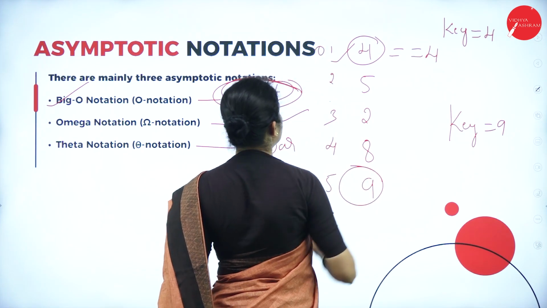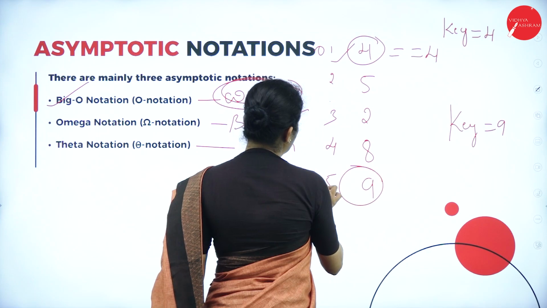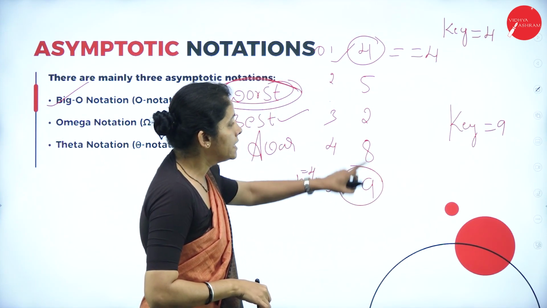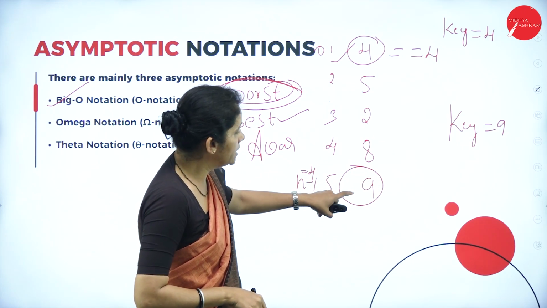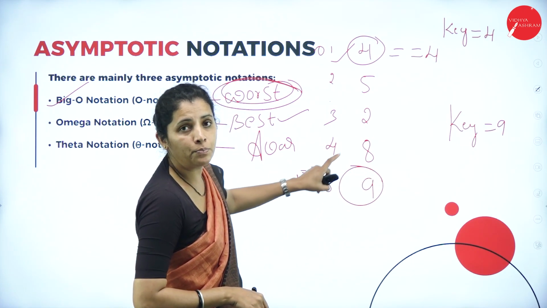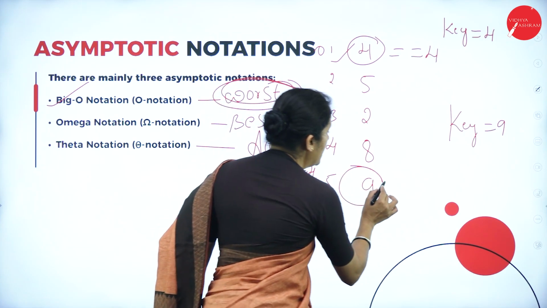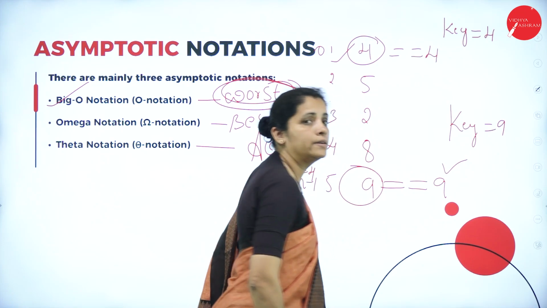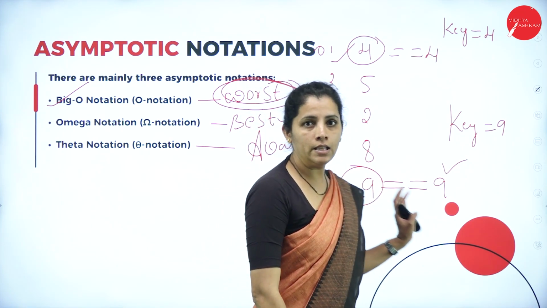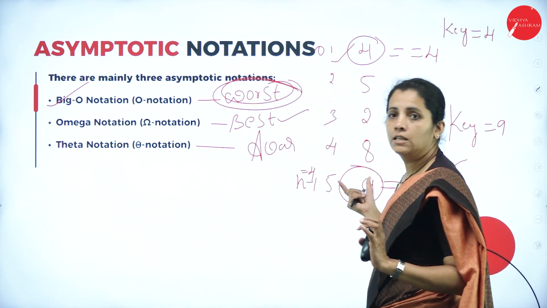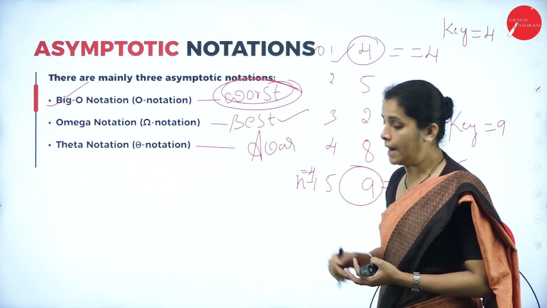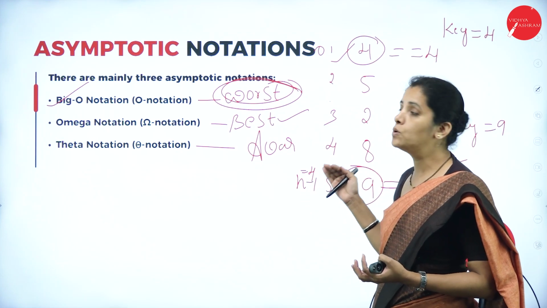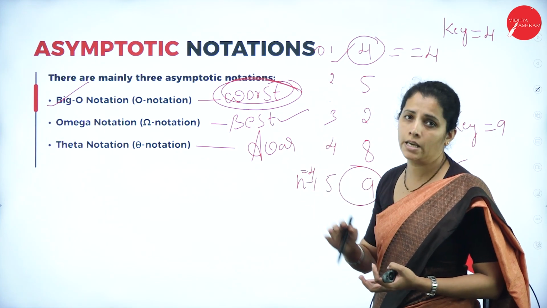The array index starts from 0 and goes to n minus 1, so it is 4. So my key is present at the fifth position. 9 equal to 9, it is true, right? Now, what case is this? This is the worst case. At the end of the array, I'm going to get the key, so it is my worst case.